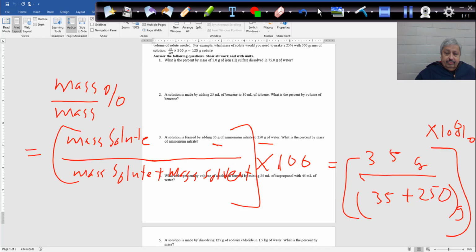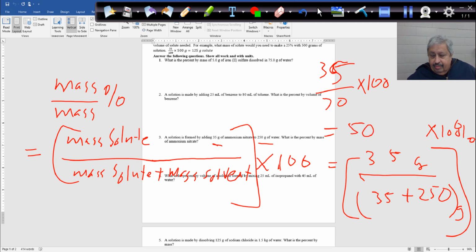So 35 divided by 70 multiplied by 100. Correct? So that will be 50 percent. We can put the decimal here somewhere for the significant figures.